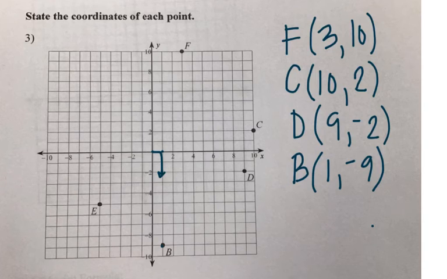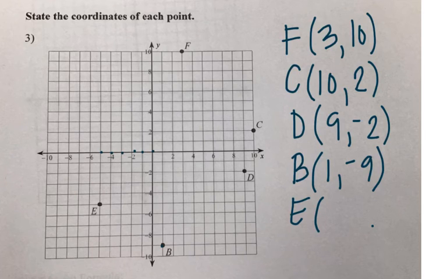So pause the video for 1 second and go ahead and do point E, then turn it back on and see if you got it correct. All right, so for point E, we're going to erase everything from point B. Point E is different because we go left first from the origin.